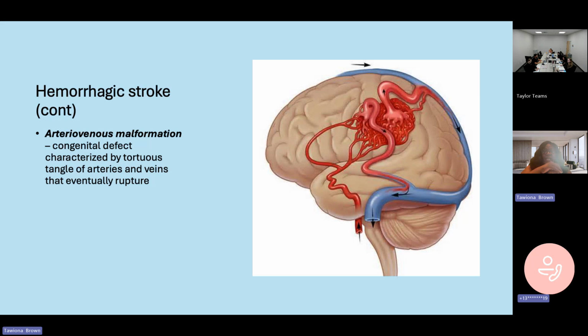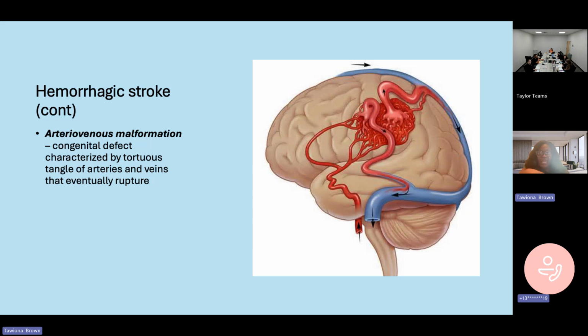Now, with those hemorrhagic strokes, oftentimes a person is not even aware that they have an aneurysm that could potentially burst. Sometimes that can be congenital, in which a person has what's called an AV, or arteriovenous, malformation. You might see on the board exams where they say AVM.